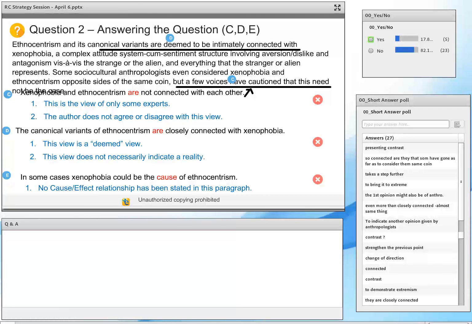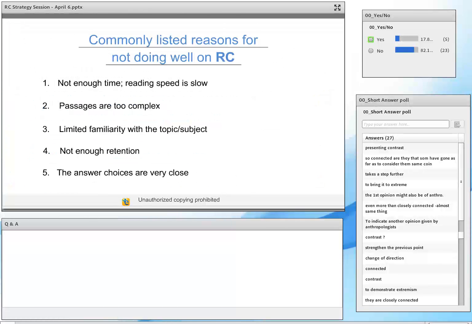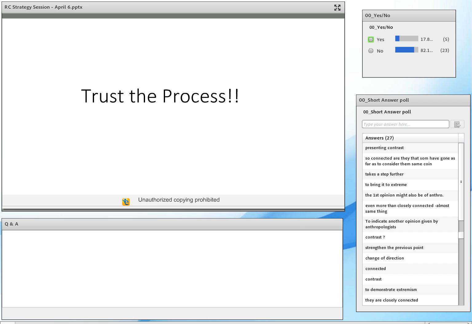Those are the things that you need. First of all, the confidence that it works. Secondly, the confidence that you can build this skill. Now, again, you need to trust the process. That's what I said. Confidence in the system.